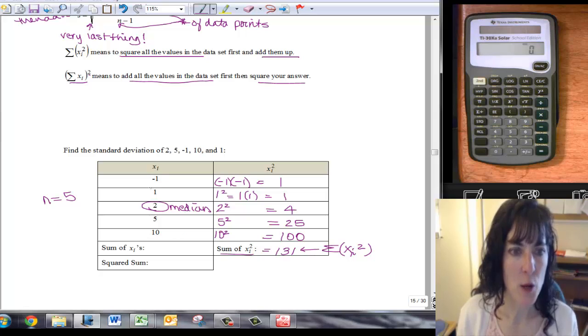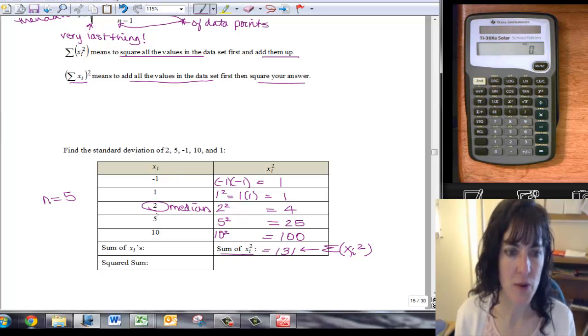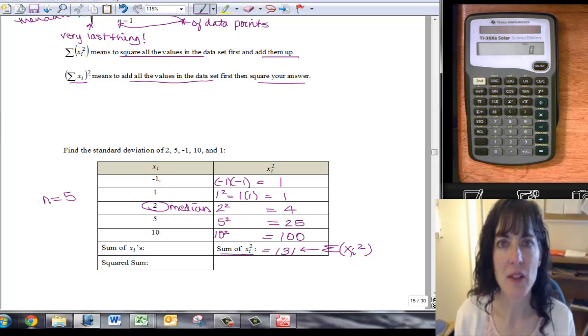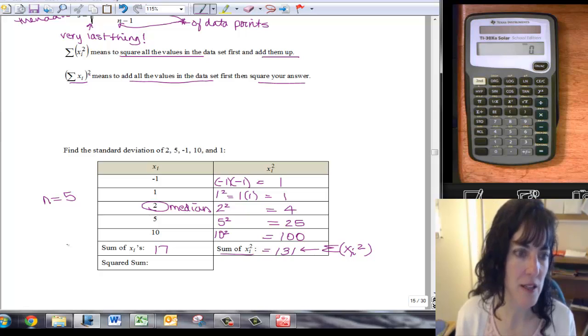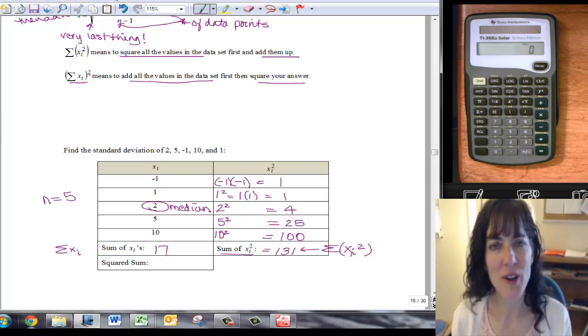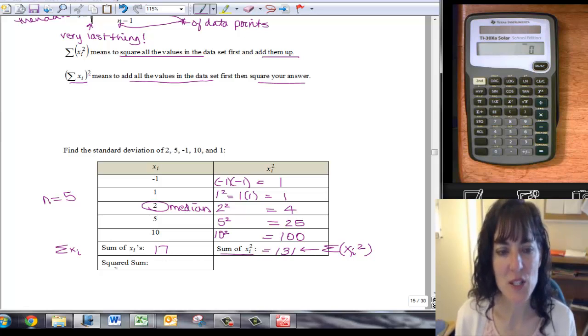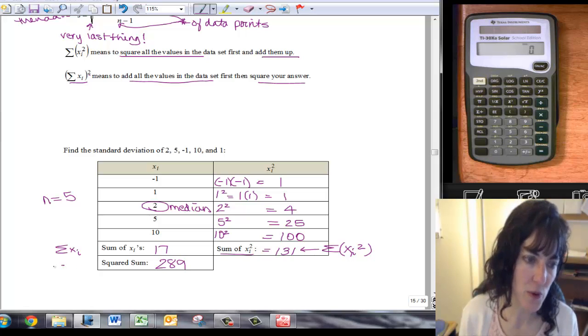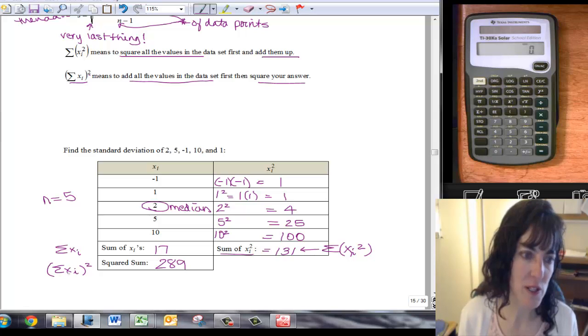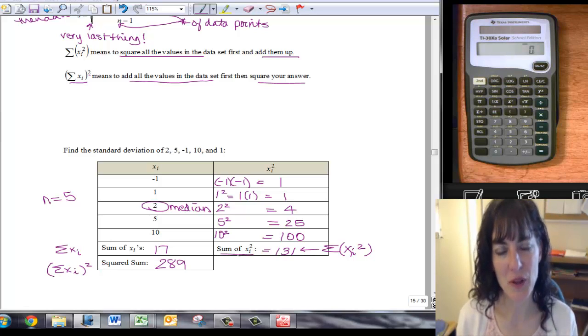Now, if I just add up my initial data values, I would have 10 plus 5 is 15, 16, 17, 18, and then subtract 1, so 17. And that is the sum of my x sub i's, just all by themselves like that. And then if I square that, I will get 17 times 17, or 289. And that's going to be the sum of my x sub i's quantity squared. So I squared at the end, so it's outside the parentheses.